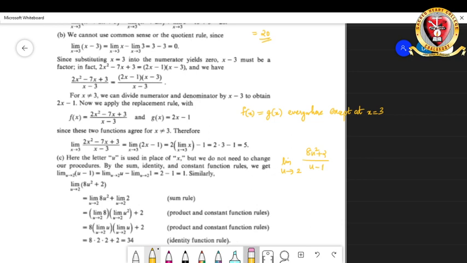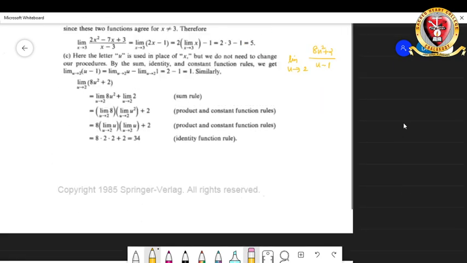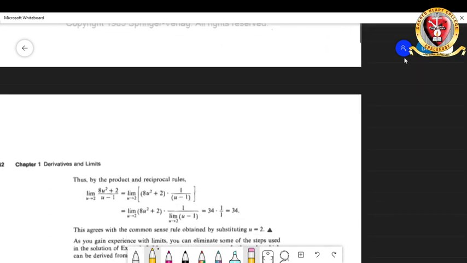Calculate and find it out, and the answer will be 34.